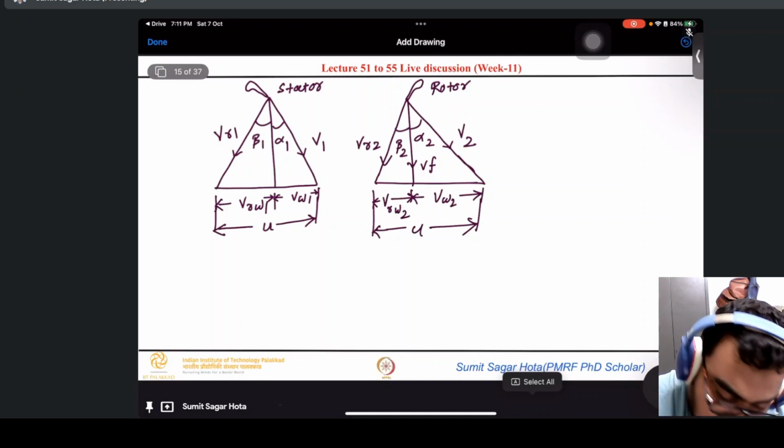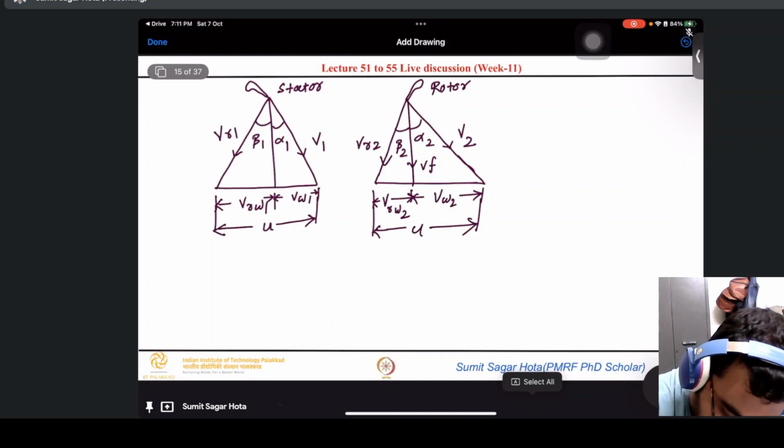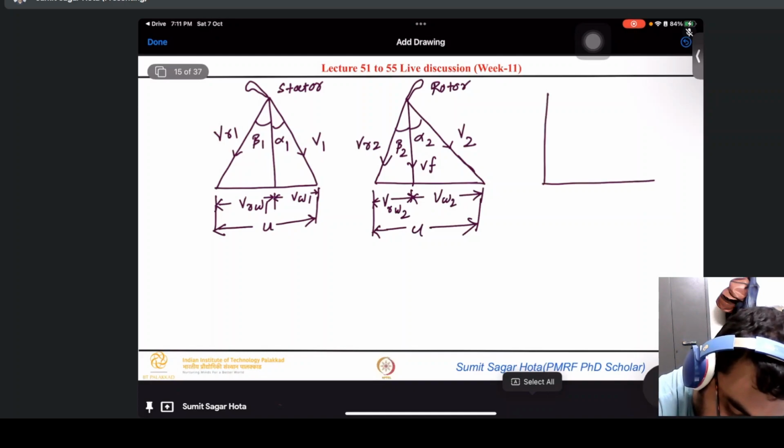So that is the velocity triangle diagram.